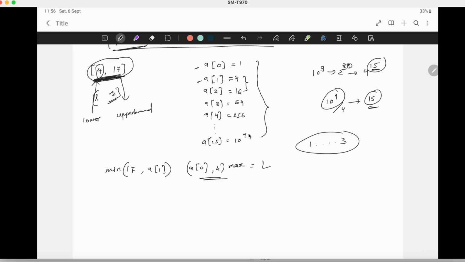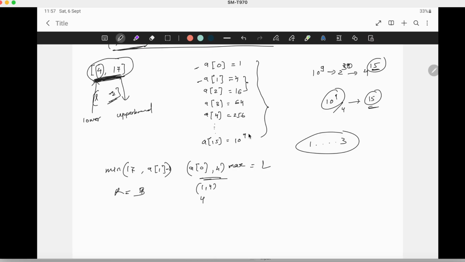So here it is 4 and 17, so the minimum value is 4, and between this A0 and 4, whatever value we get. So the lower bound is what we are considering, right? So 4 minus 1, 3. Between 1 to 3, how many elements are there? So 4 minus 3 is what I have to do, so here it is going to be minus 1. 4 minus 1, so it is going to be 3. The minimum value is 3, that is going to be R. And between A0, that is 1, and 4, the maximum value is 4.